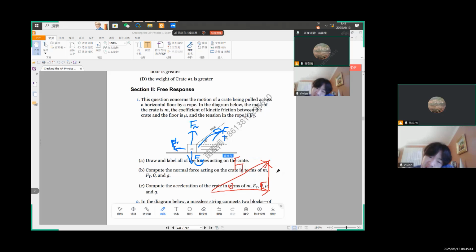This is theta. I want to find FTy. Sine theta. The Princeton book also said it: always make the components in the x direction and y direction. That'll be easier for calculation. FTy is FT sine theta.